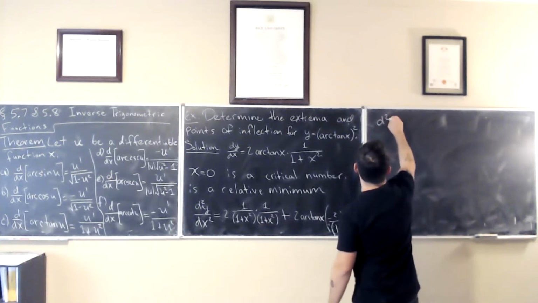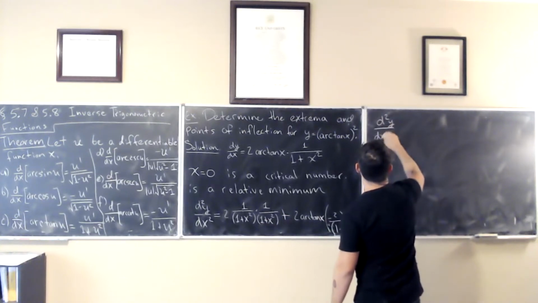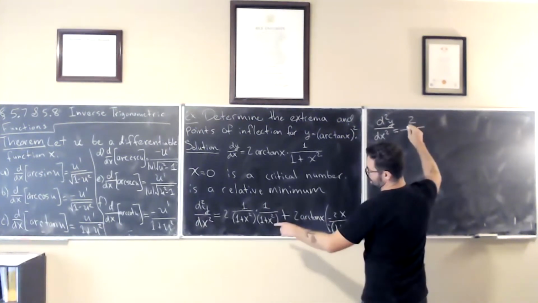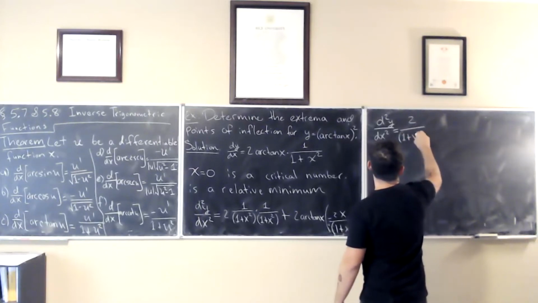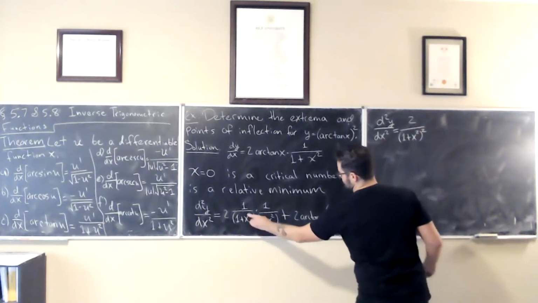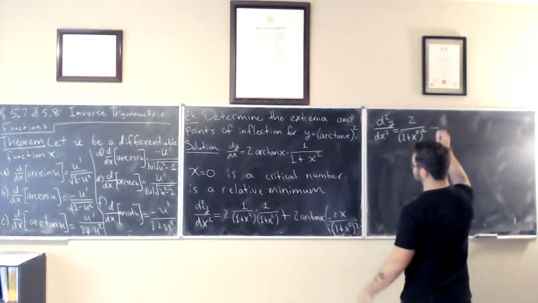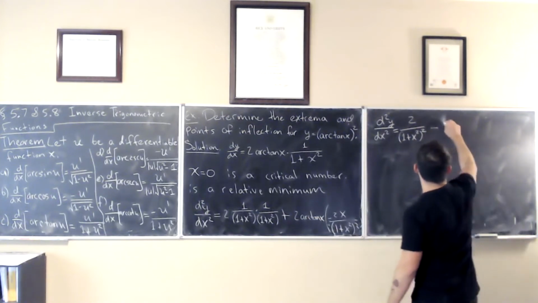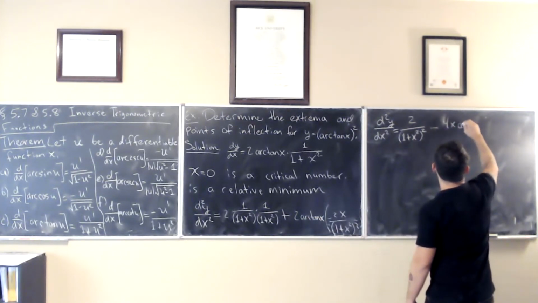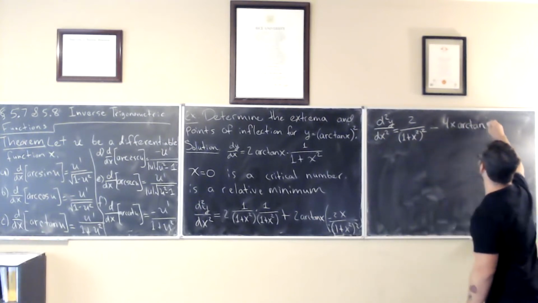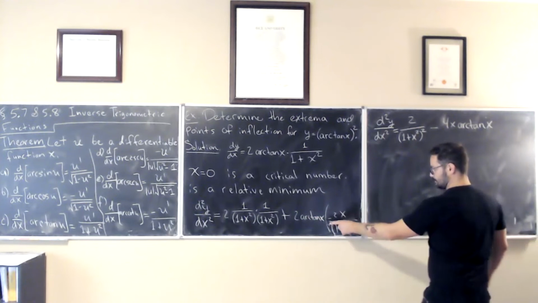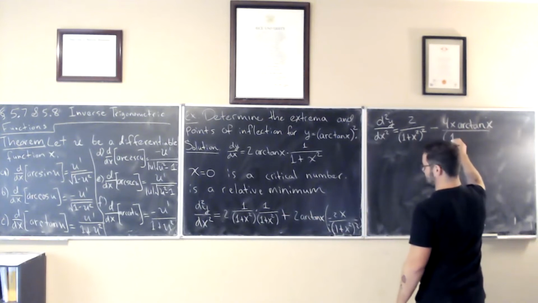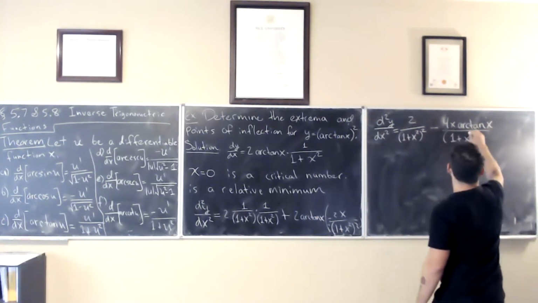So the second derivative is going to be 2 over 1 plus x squared all squared minus 4x arctan x all over 1 plus x squared all squared.